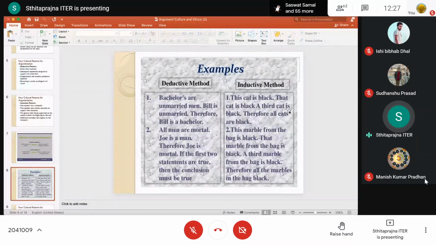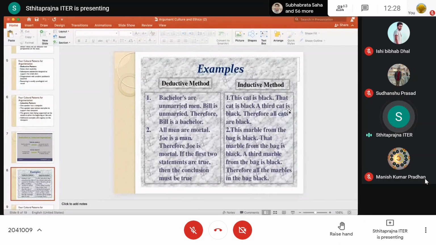If you remember the syllogism, the three-statement logic that we were talking about in the previous chapter, there's a major premise, a minor premise, and then a conclusion. So you have the rule first and then the example. All men are mortal. Now Joe is a man, therefore Joe is mortal.